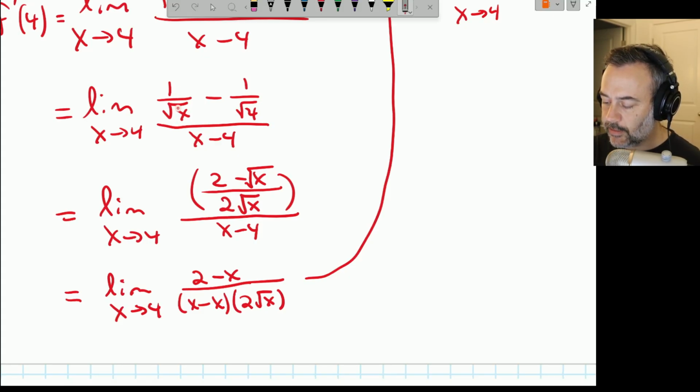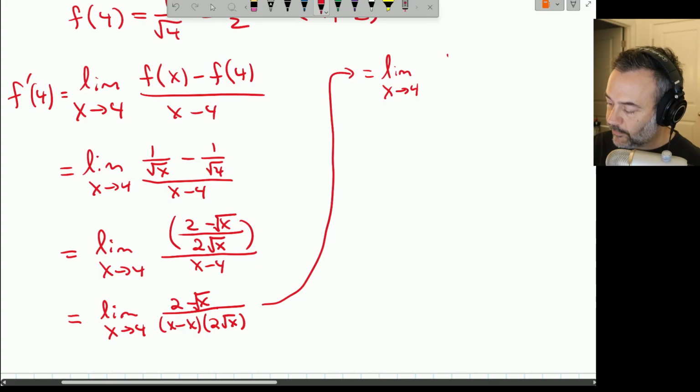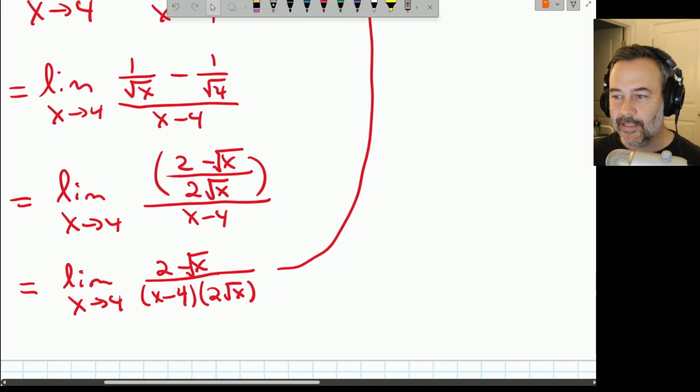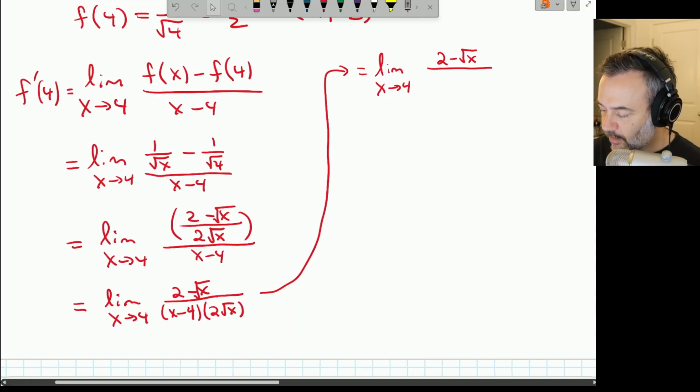Multiply top and bottom of this by 2, multiply top and bottom of this by square root of x, and then I get that. So there needs to be a square root here, and I've got 2 minus root x over, why did I write x minus x? I don't know. This is x minus 4. Okay, I think I corrected all my mistakes. Yeah, that looks good. Fantastic.